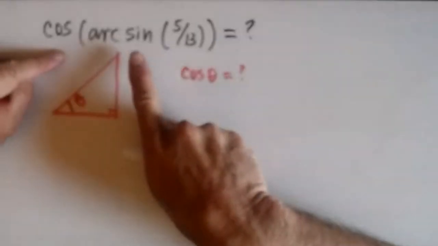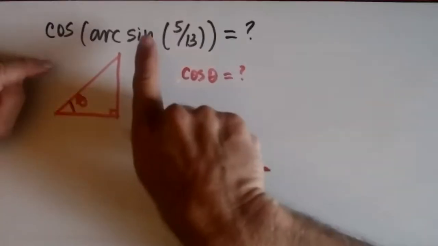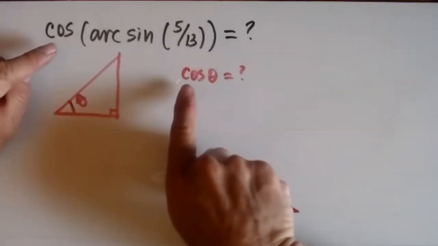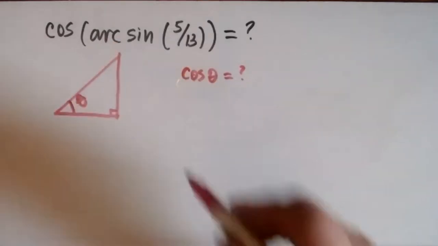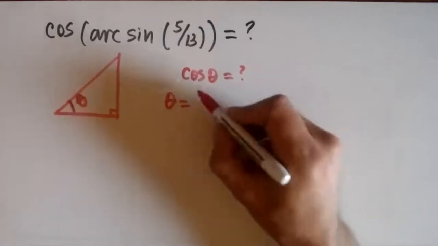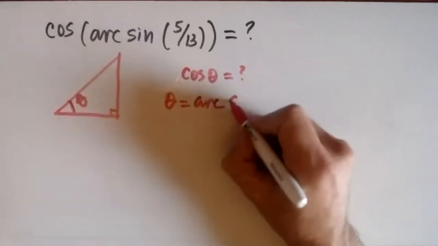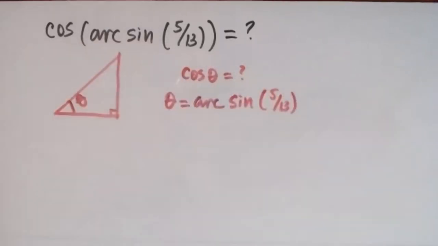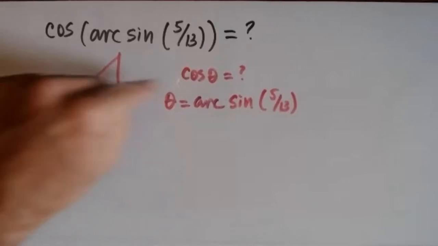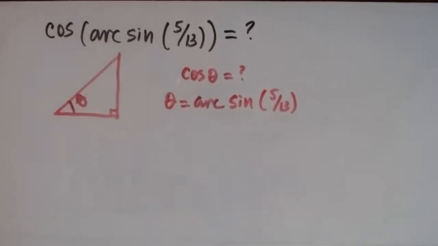Because I'm going to match this with this triangle. If I match the cosine with the cosine, I match the theta of the angle with the arc sine. So theta is the arc sine of 5/13, correct? So I'm matching this expression for this triangle with the one I received.